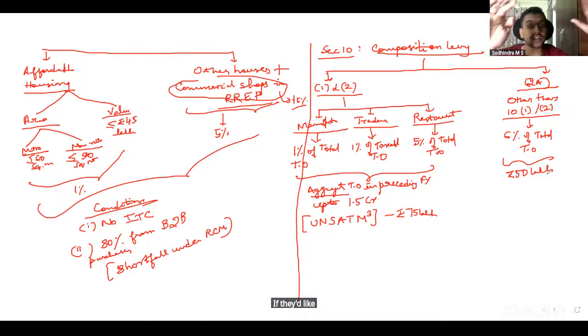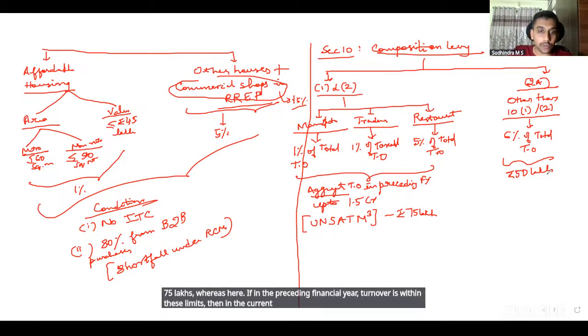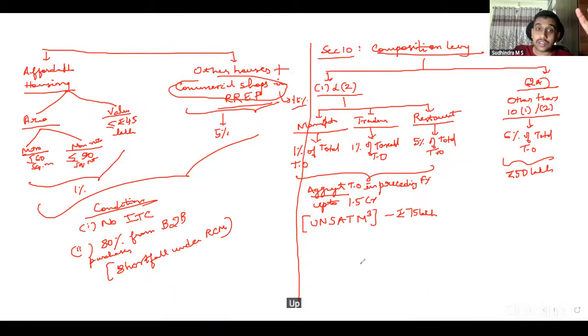If in the preceding financial year turnover is within these limits, then in the current financial year, I am eligible for the composition scheme up to such turnover limit: 1.5 crore, 75 lakhs, 50 lakhs, as the case may be. Are we following? Yes, sir.